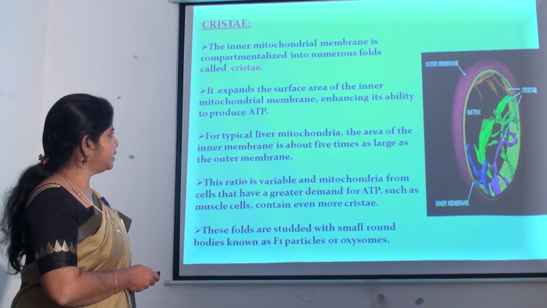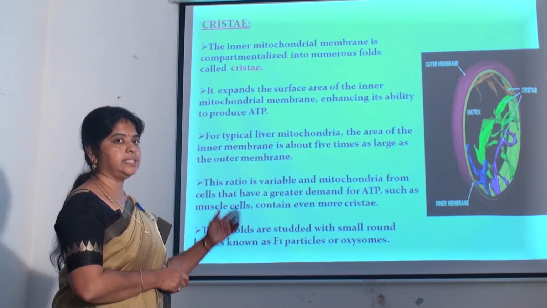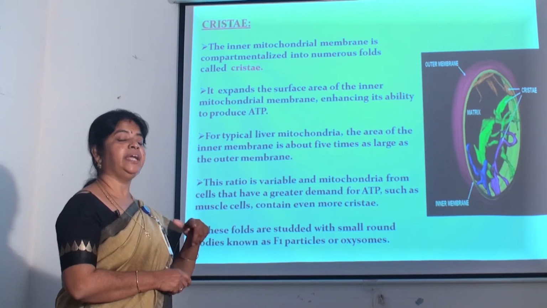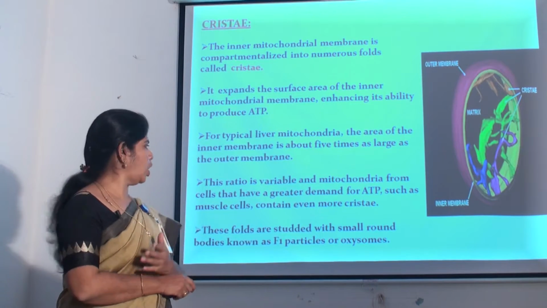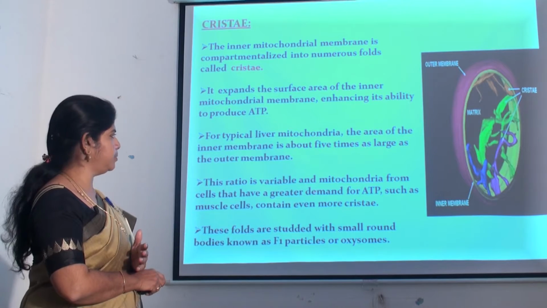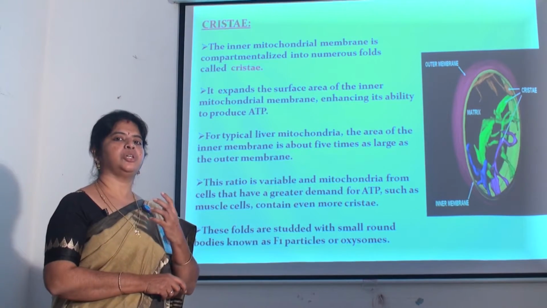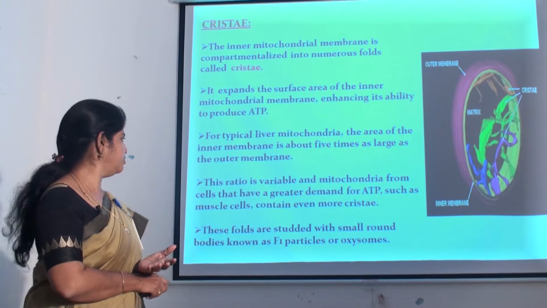When you see liver mitochondria, the surface area of the inner membrane is 5-fold greater than the outer membrane. The ratio also varies depending upon how much ATP that cell demands for its energy synthesis.